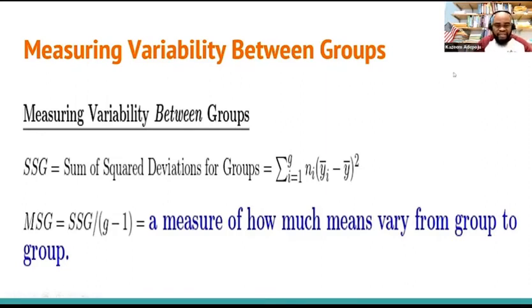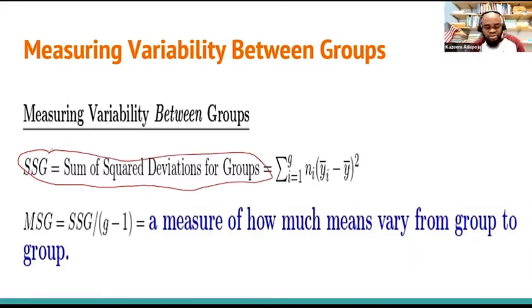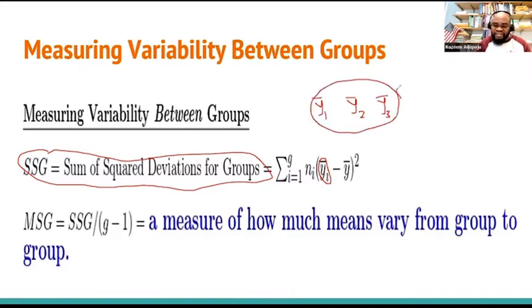Because of that, we're going to focus on what I call the sum of squared deviations for group. What does that mean? Take a look at this. This is the sample mean that we compute from each group. If we have 3 groups, we're going to have y bar 1, y bar 2, y bar 3. Now we want to know how these differ.